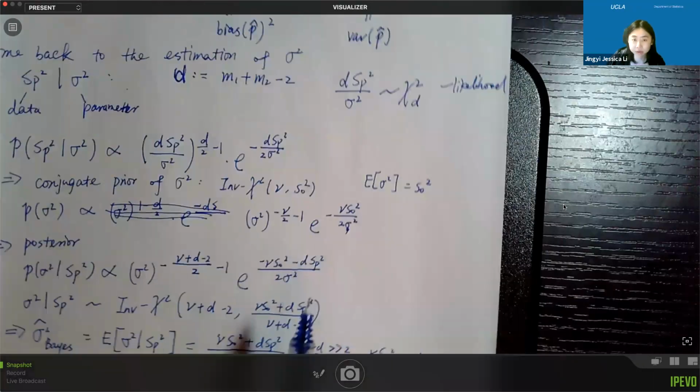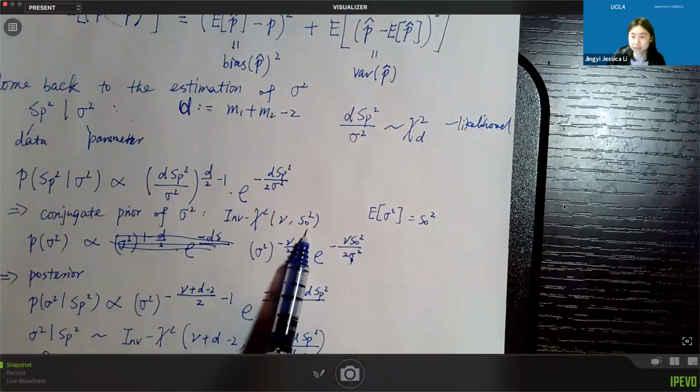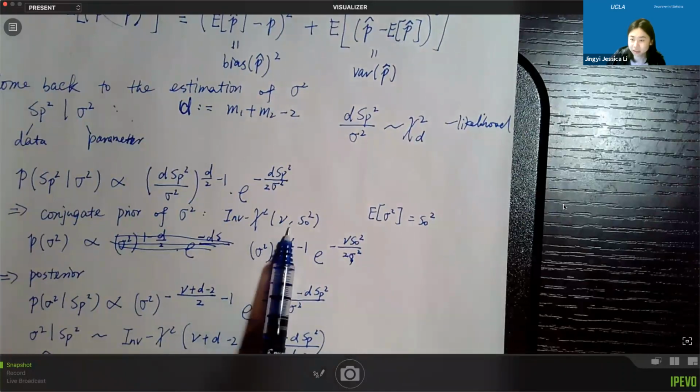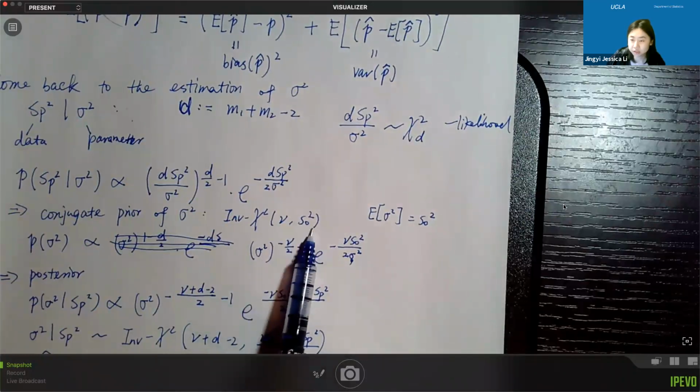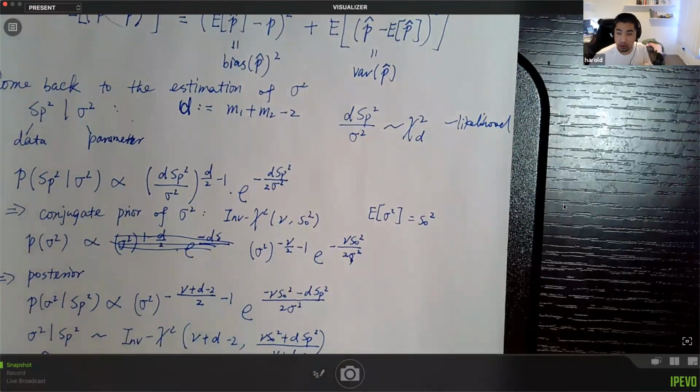That's just the property of this distribution. It's basically how you define the parameter. So when we say the parameters are nu and S0 squared, this is what we mean here. But this may be a little different from the Wikipedia page. That's why I was confused, because the Wikipedia page is a little different.